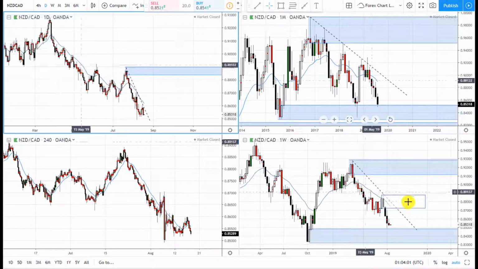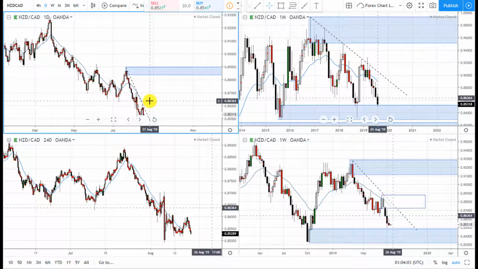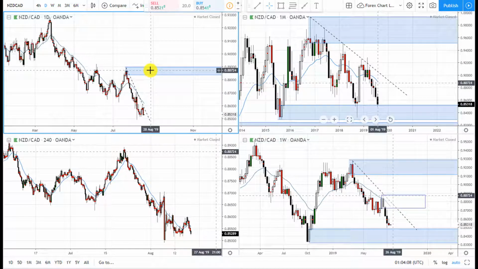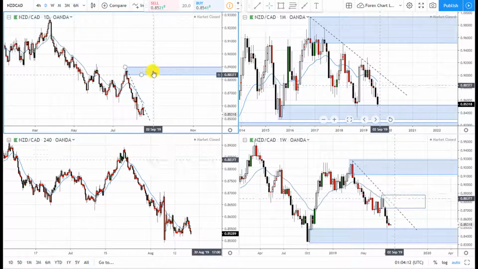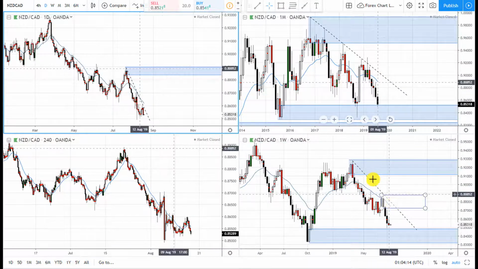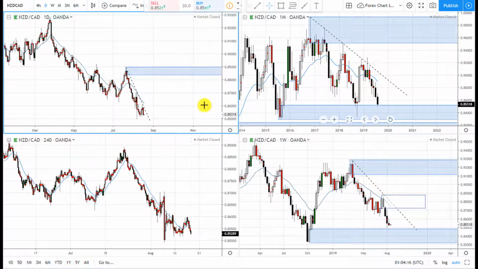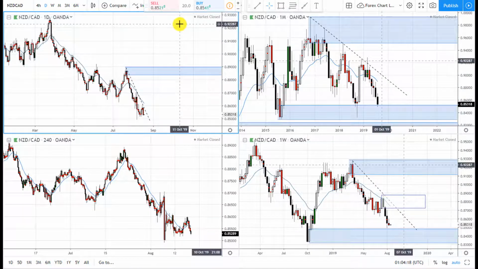But ideally you would want it to confirm that it's going to go higher and break this supply zone to go long.